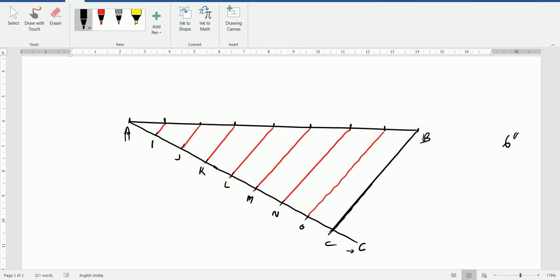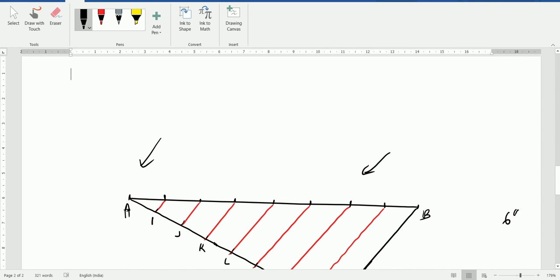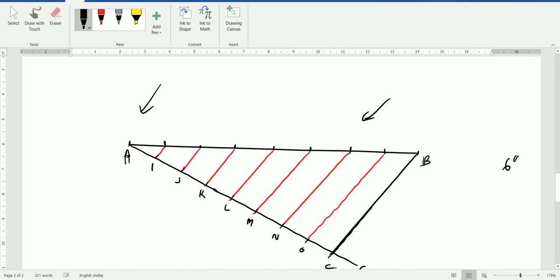Then, these are the primary divisions, and here the first primary is to be divided into secondary divisions. Okay, what to do? Then see, we have to erect perpendiculars using the set square.